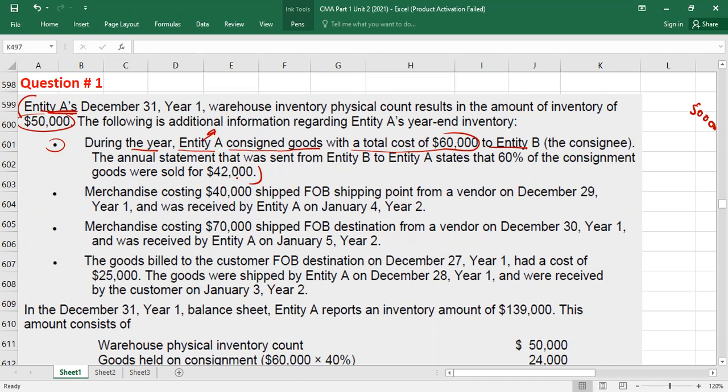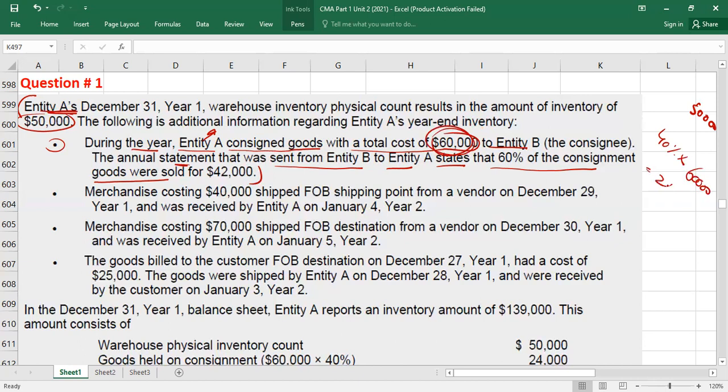Right or wrong? Then they're saying that the annual statement sent from entity B to A states that 60% of consignment goods were sold. What is the unsold proportion? 40%. Right? So you will take 40% of cost, and cost was how much? 60,000.